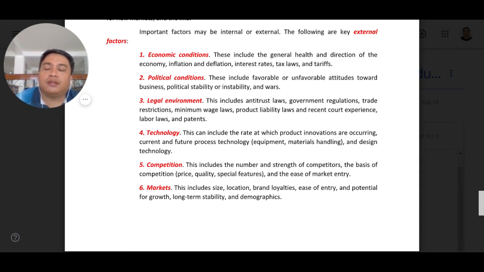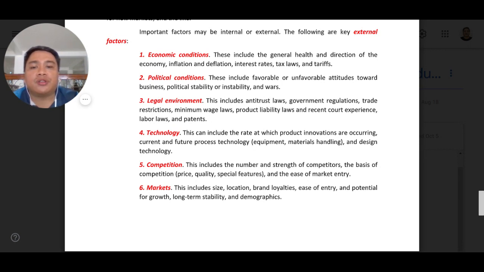Are they helping the business organizations? Are they helping the SMEs? Do they make certain ordinances or laws that can help these business organizations based on political conditions? It's not only about political stability and instability or the presence of wars or any crisis. So that's an example.